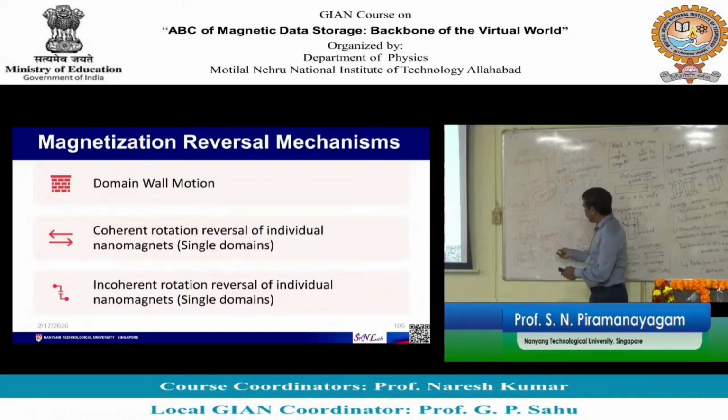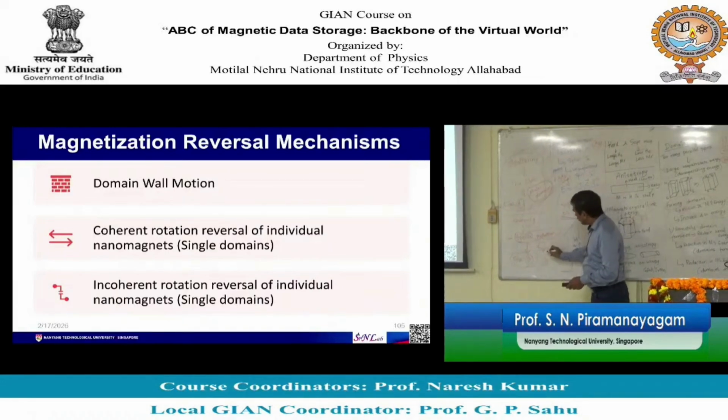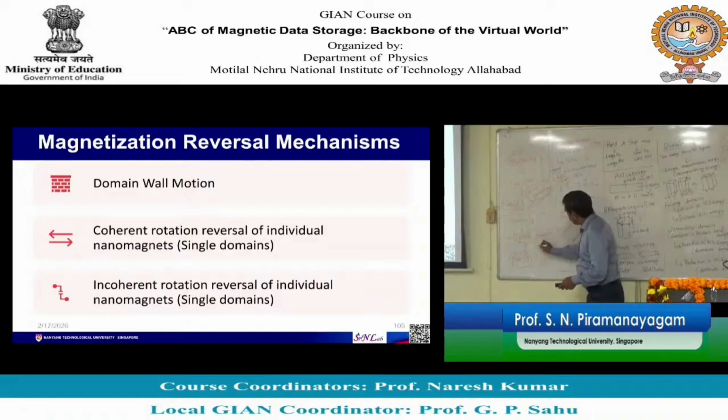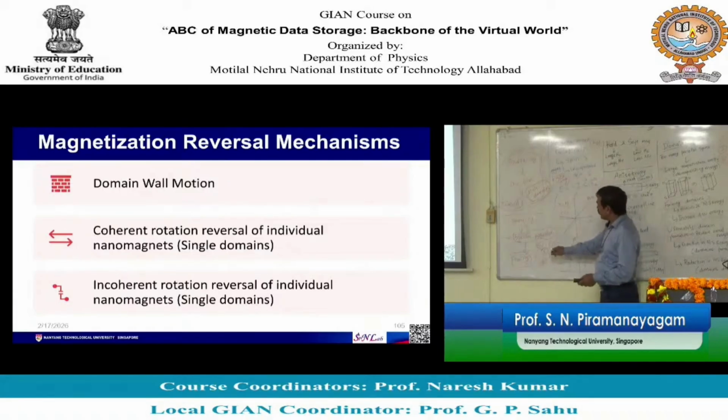When you have single domains, let us say initially the magnetization of these single domains is going into the board. Now I apply a magnetic field coming towards you. Then maybe this grain reverses first, and after some time this reverses, and later this reverses its magnetization. So from going into the board, now the magnetization is pointing towards you. Then this reverses and so on.